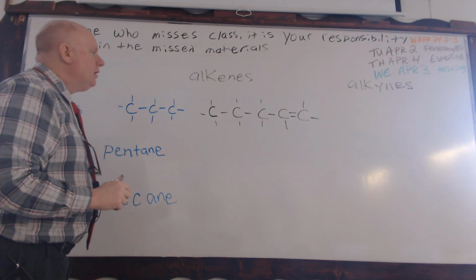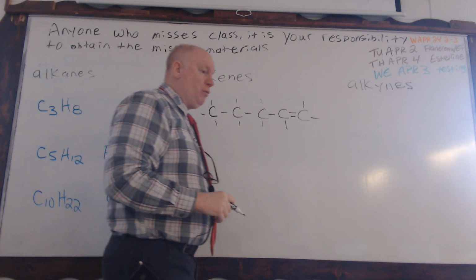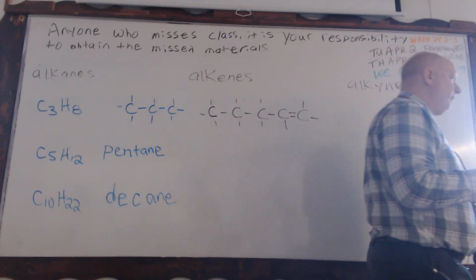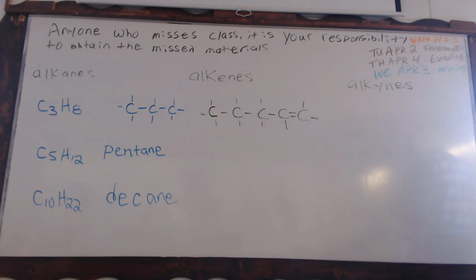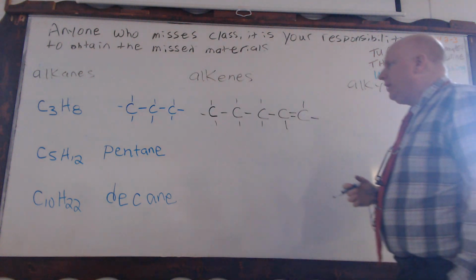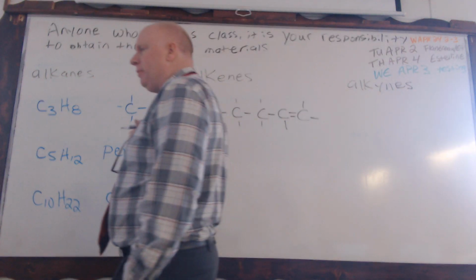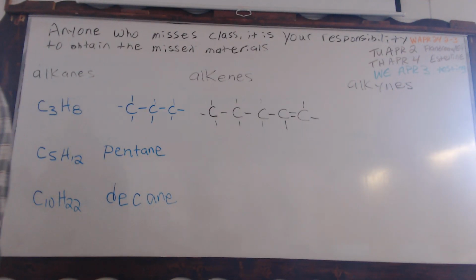Okay? So typically we read left to right, which I think everyone would agree that we do that. But if you can remember when it comes to naming compounds, well, organic compounds, you want to assign the lowest possible number for anything that's either branching off of that or multiple bonds.